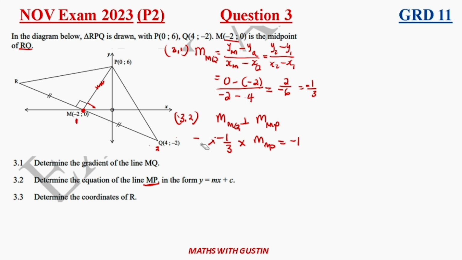On this side everything cancels out, and this side multiplied by -3 over 1 gives the gradient of MP, which is 3. Right, so we can use this equation here, y minus y1. We can choose any point between M and Q, it really doesn't matter. I'm going to choose this point here at P.